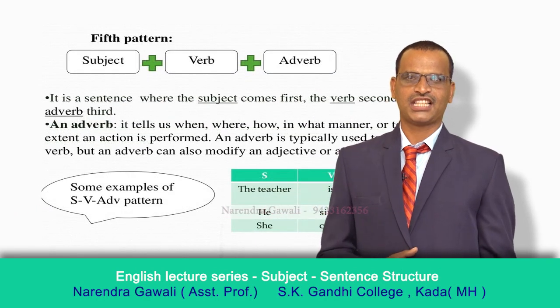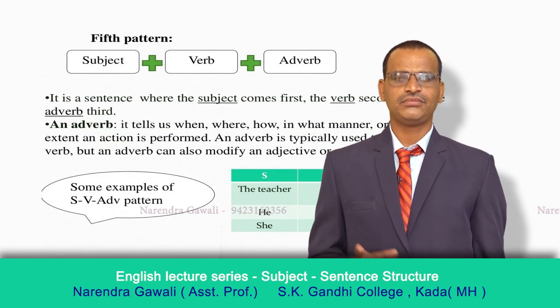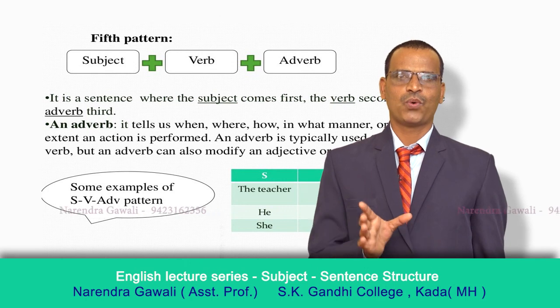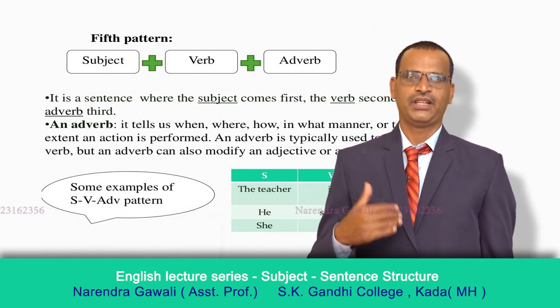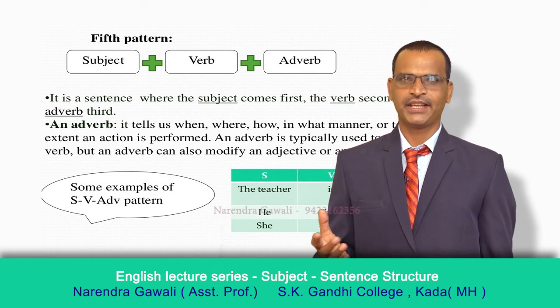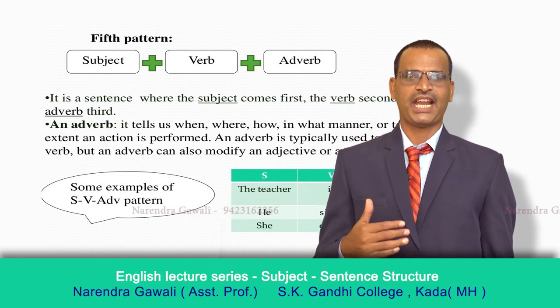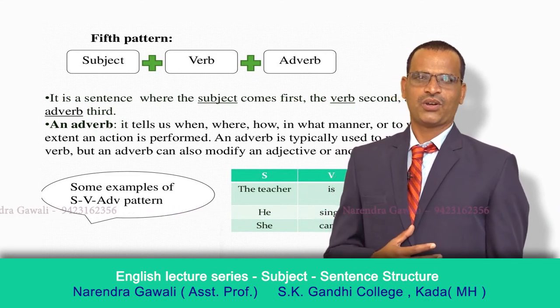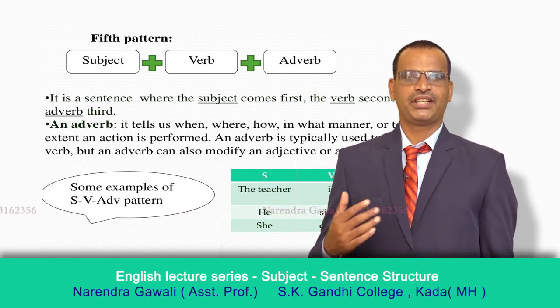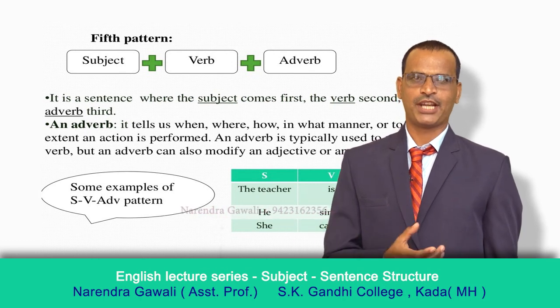Next, the last pattern we call subject, verb, adverb. You all know what we mean by adverb, like strongly, bravely, clearly. It adds something to the verb, to the action. In Marathi we call it Kriya Visheshan. Subject, verb, adverb.